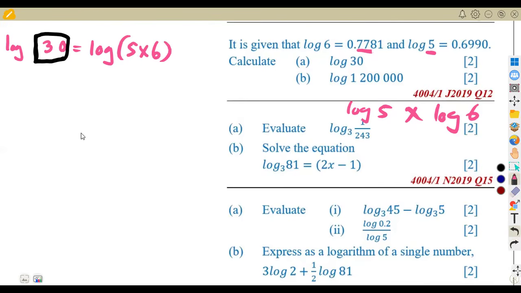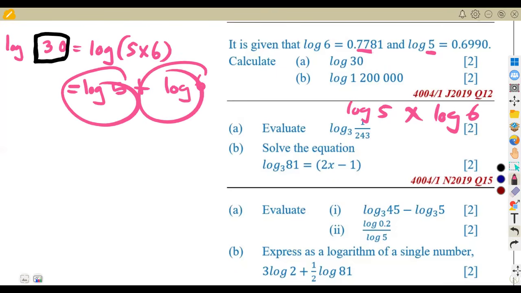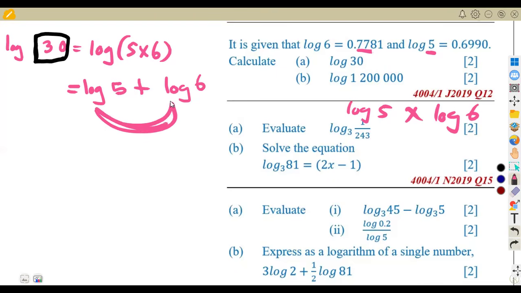Under the same log we have it. But the question is, what made us multiply these two numbers like this? Let's go back to the laws. We were given the logarithms of 5 and of 6. Reverse from here.